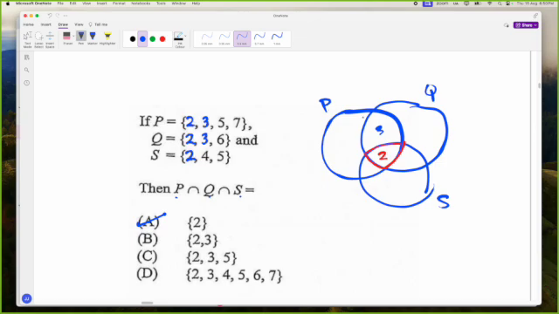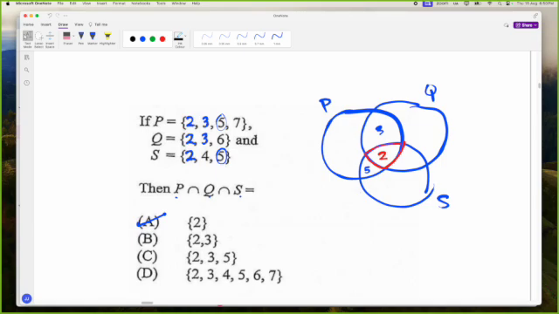And then P would have 2, 3, 5. Oh no, look, 5. 5 is in P and 5 is also in S. Check that out. So 5 is in P and S, so 5 will be here, right? Understanding how to draw these Venn diagrams is super important.